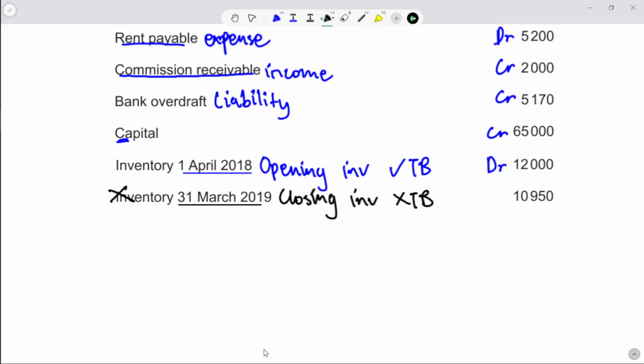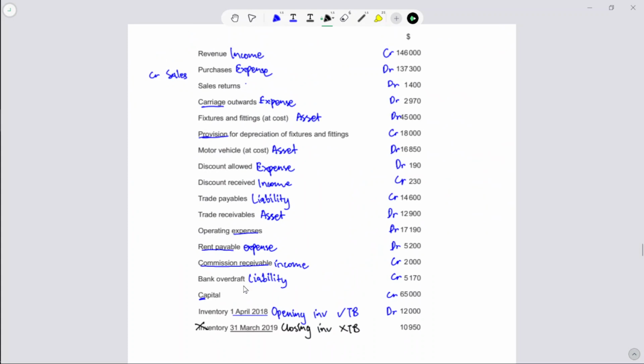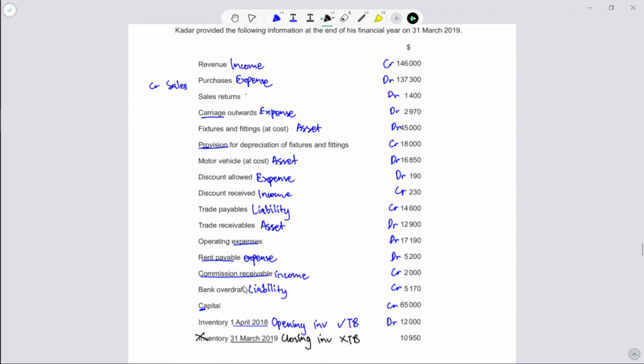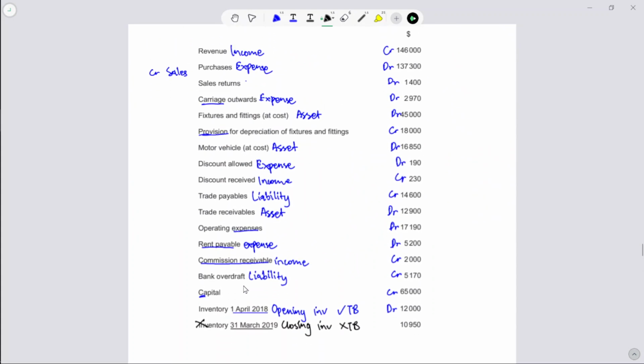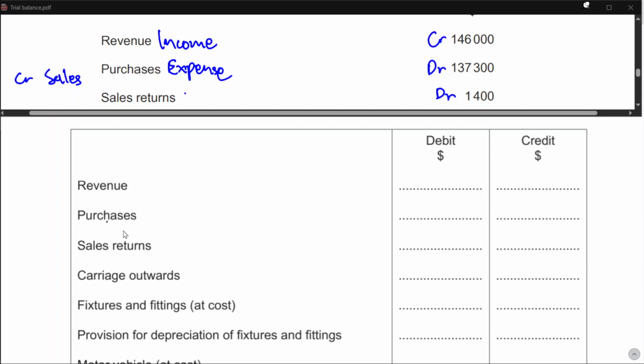Here's a hack I show you. We only focus on the number. So this one you want credit 146K, right? So this one will be right hand side 146,000.